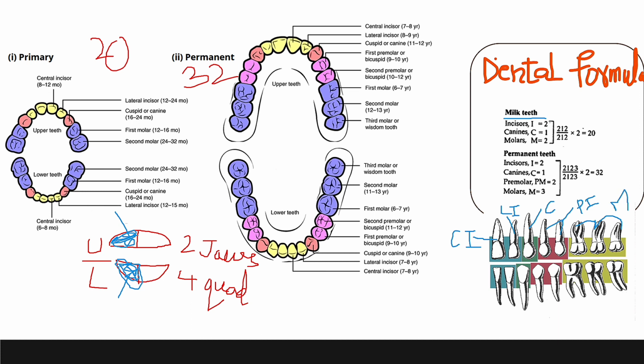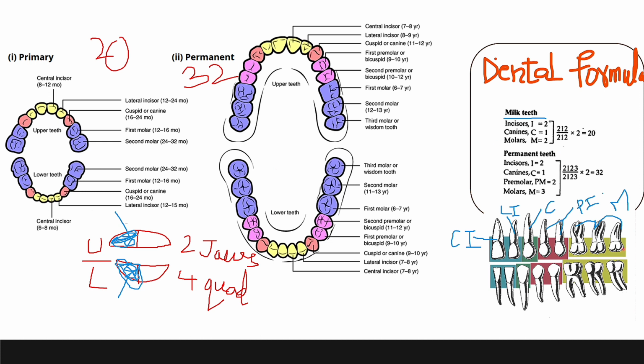In primary dentition we don't have premolars. We only have central and lateral incisors, two incisors, one canine, and two molars.